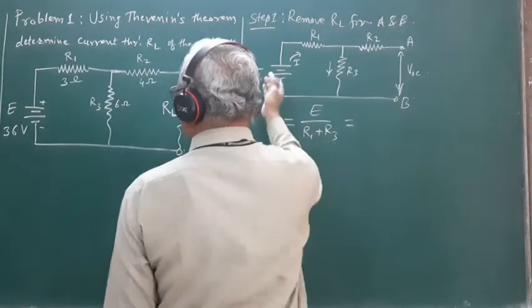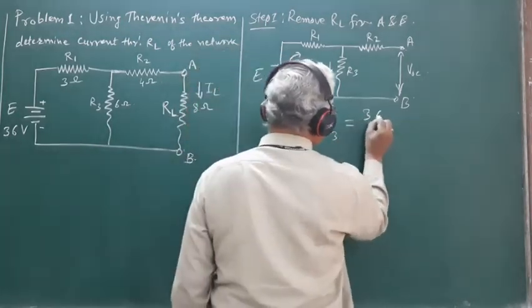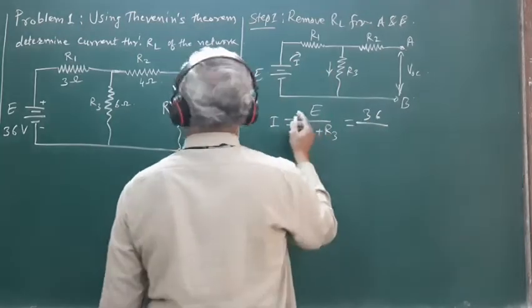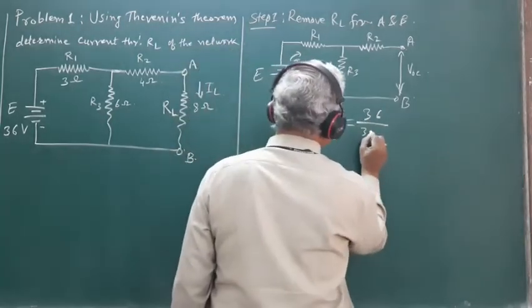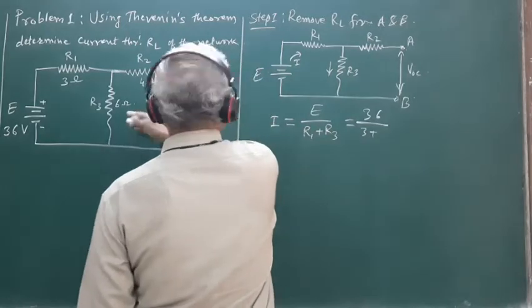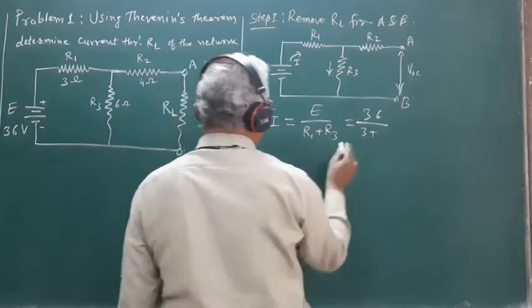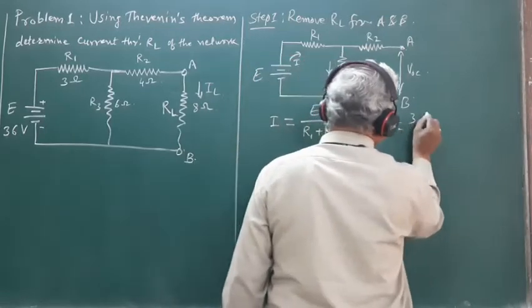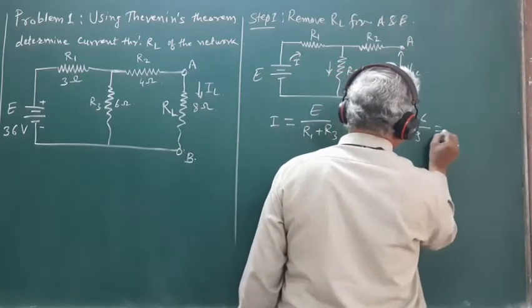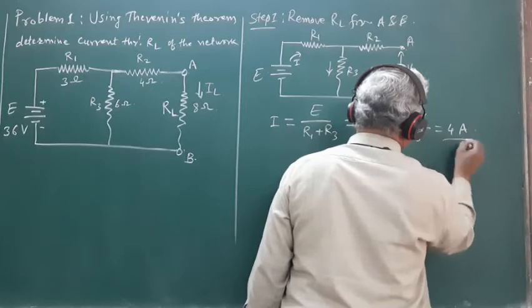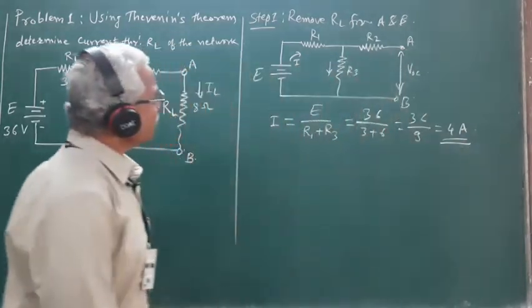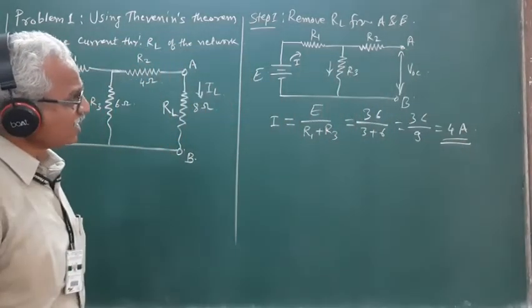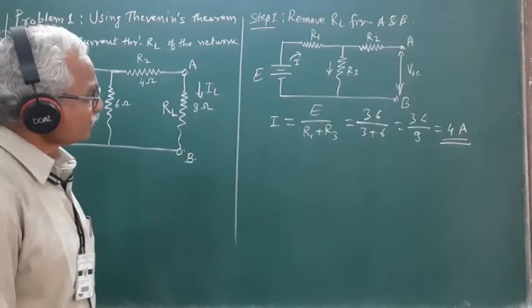This is equal to E, 36 volt, divided by R1, 3 ohm, and R3, 6 ohm. So 36 divided by 9 works out to be 4 ampere. So the total current drawn from the source is equal to 4 ampere.